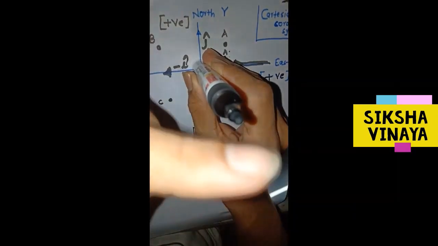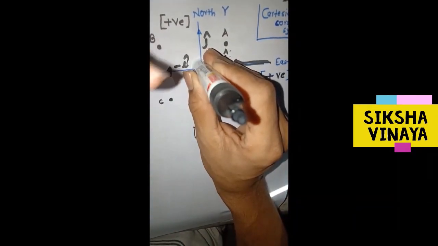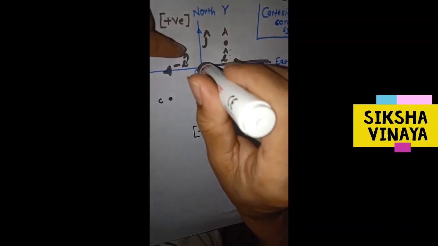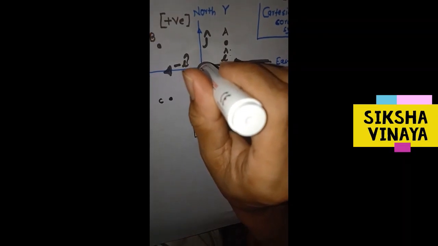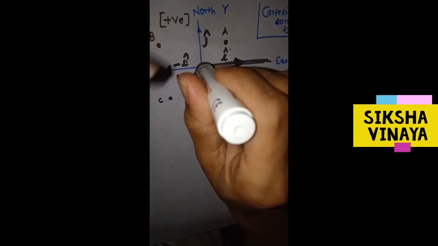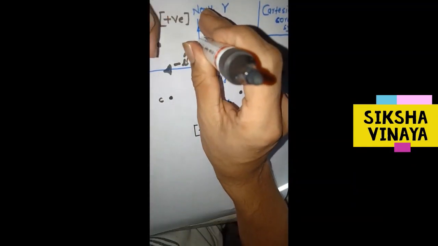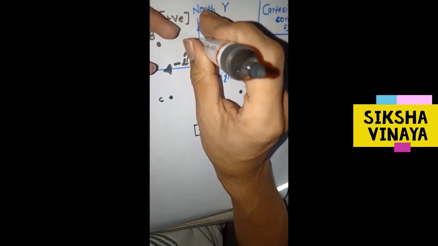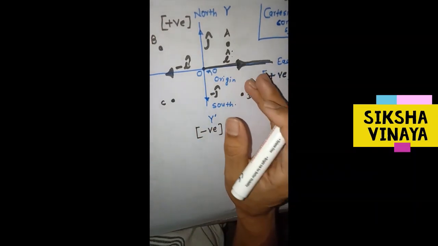This is in 3D. So this marker point is towards me. That's why it is the positive z-axis. And if we go into the paper, it gives the idea of the negative z-axis. Have you got my point? So the negative z-axis is denoted by minus k cap, and the positive axis is denoted by plus k cap or k cap. That is the meaning of i cap, j cap, k cap.